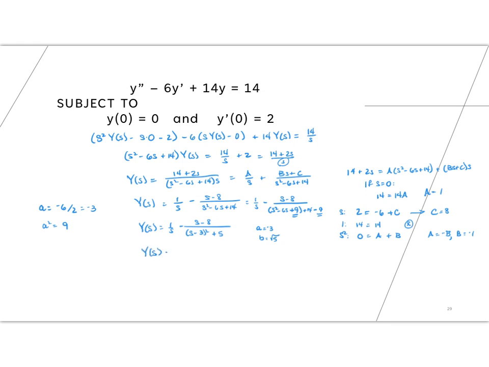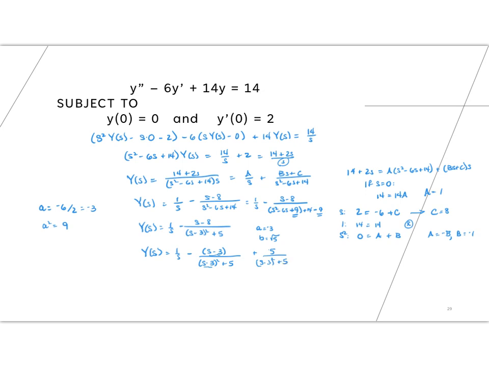Y(s) is 1 over s minus (s minus 3) over ((s minus 3)² plus 5). I've matched this shape here with this, as the formula shows on the sheet. And then I have s minus 3, I still have the minus 5. So minus minus 5, so 5 over ((s minus 3)² plus 5).